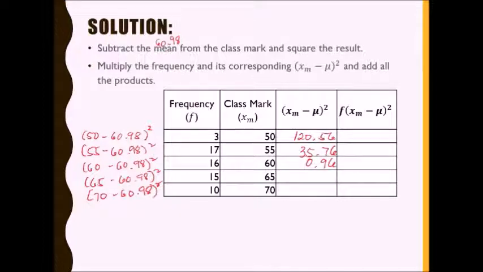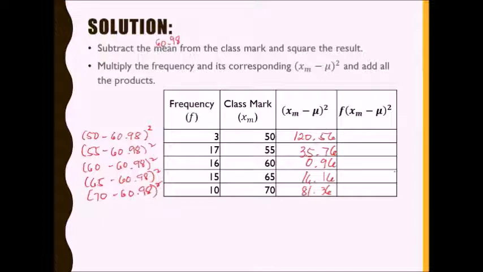Then 65 minus 60.98 squared is 16.16. Then 70 minus 60.98 squared is 81.36. For our next part, we won't add those yet.